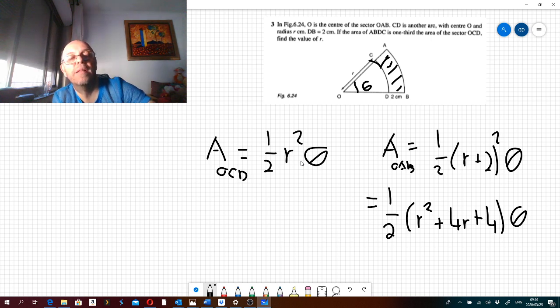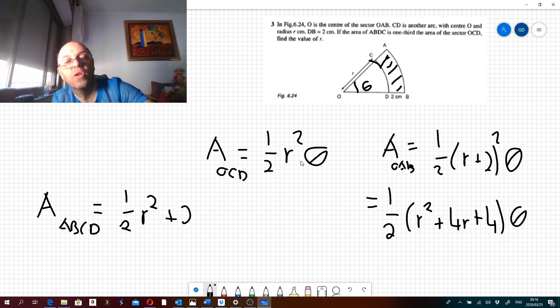So I'm going to write that ABCD. Let's make another statement here. The area of ABCD, that's my little shaded area, will be equal to a half r squared plus 2r plus 2.